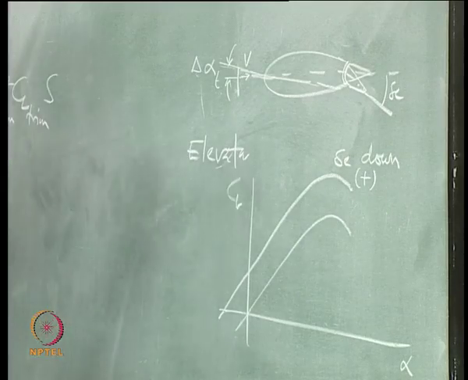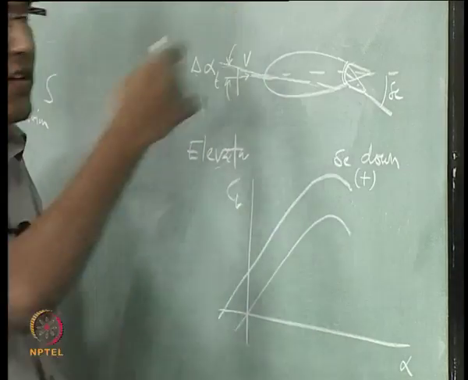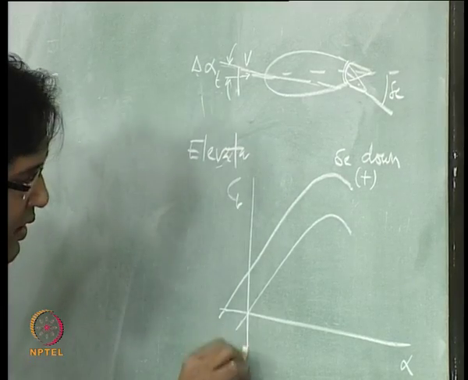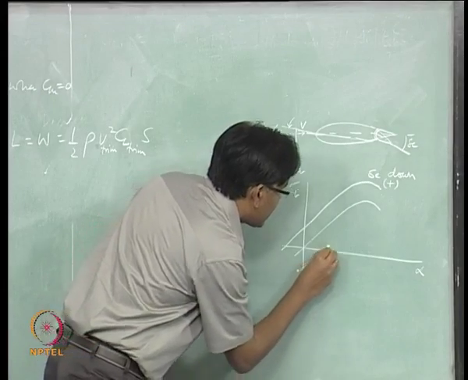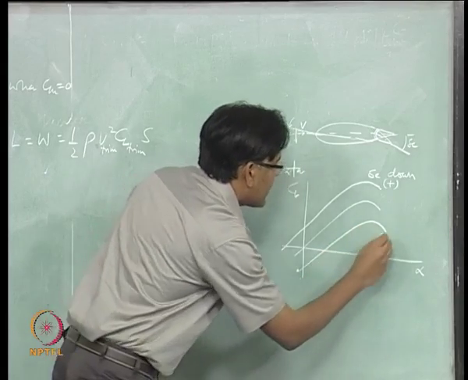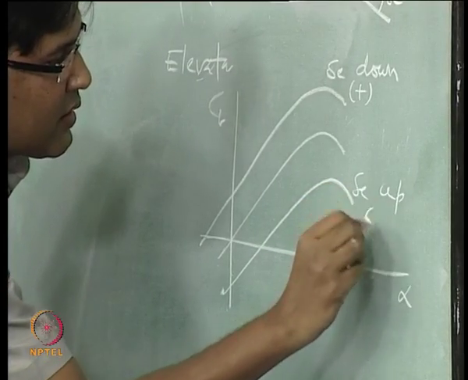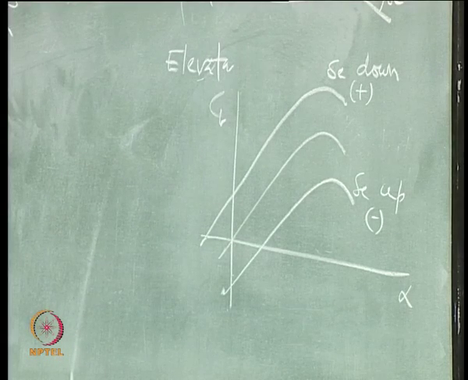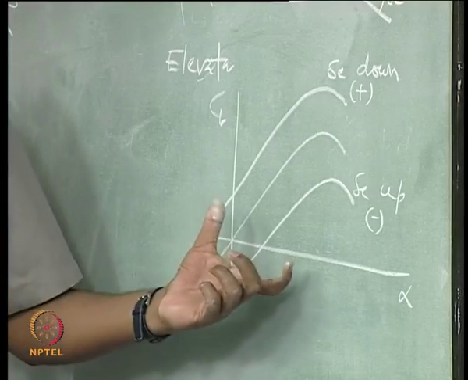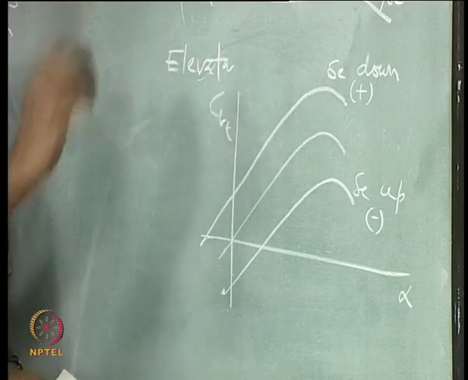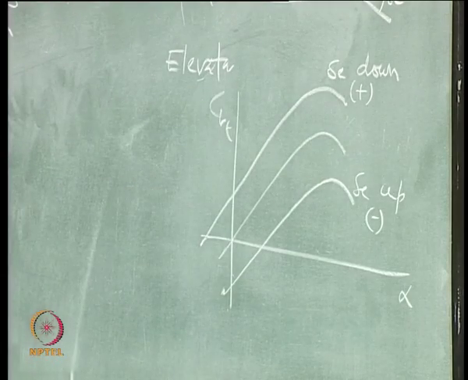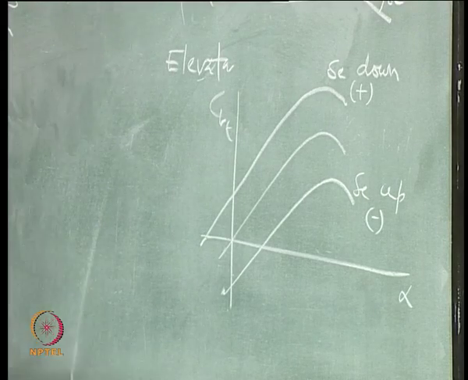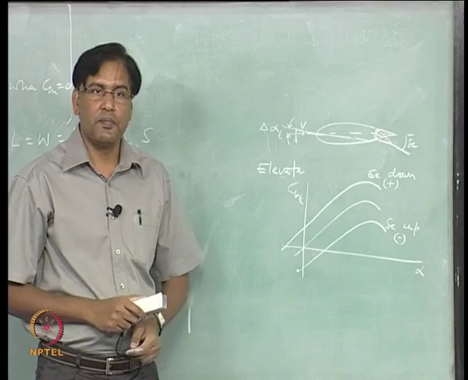For the same reason, when you deflect it upwards, it is going to give you a negative camber, and you see a decrease in the lift at the tail. Right, and what is that going to do to the moment?